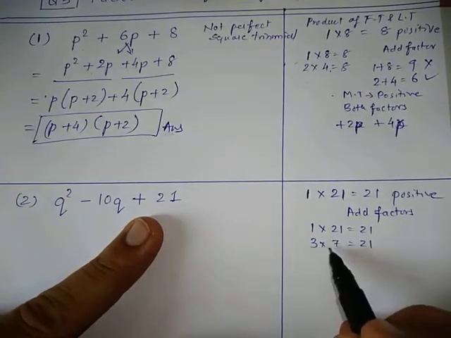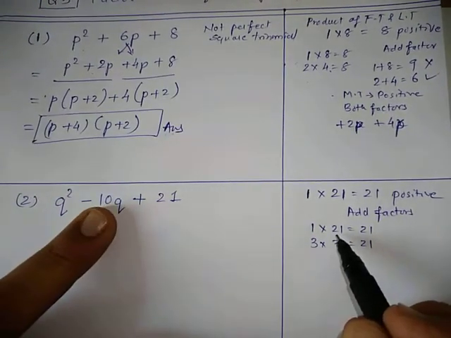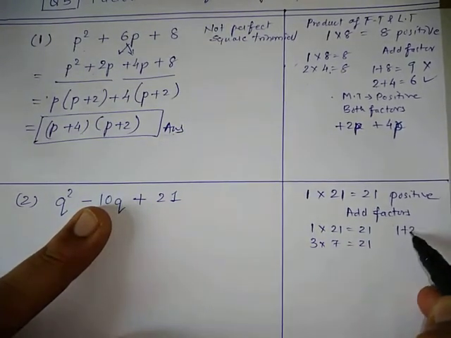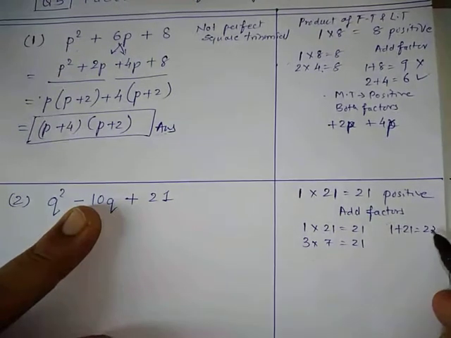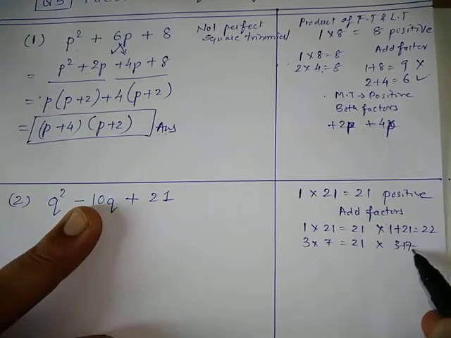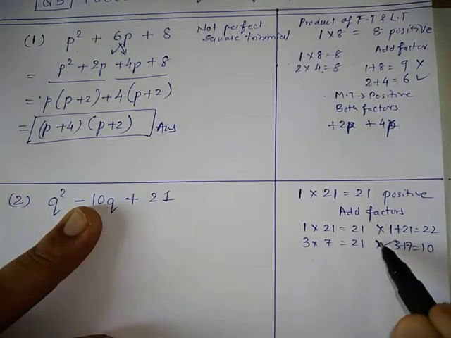If I add 1 plus 21 it will be 22, which is not equal to the middle term, so not possible. Then 3 plus 7 is 10, so yes, this one is possible.